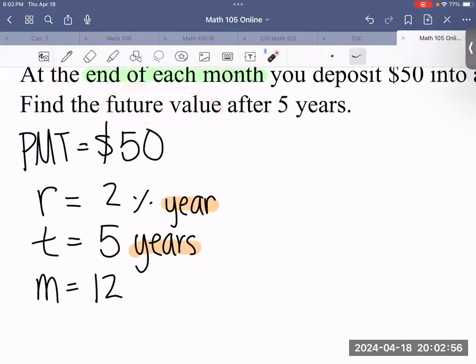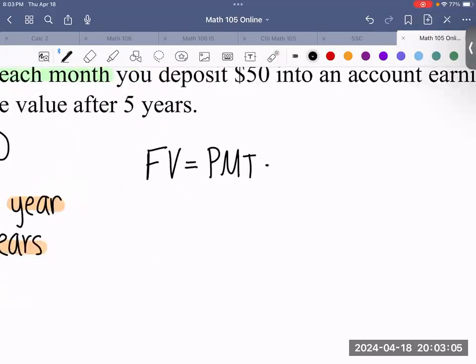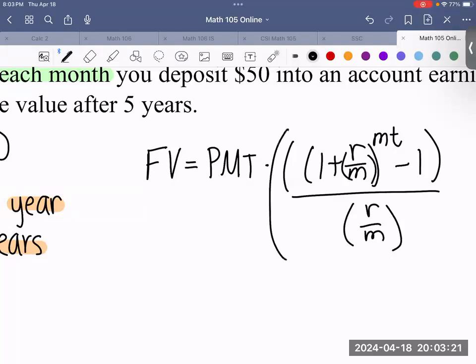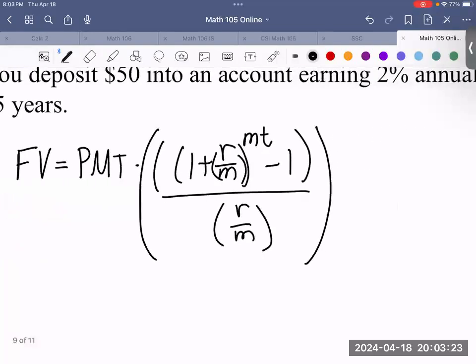So again, they're very specific in what we're trying to find in this case. So future value, we said, is equal to your payment times (1 + r/m)^(mt) minus 1, close parentheses, divided by r/m. And I would probably put your formula into this format when you go to plug it into your calculators.